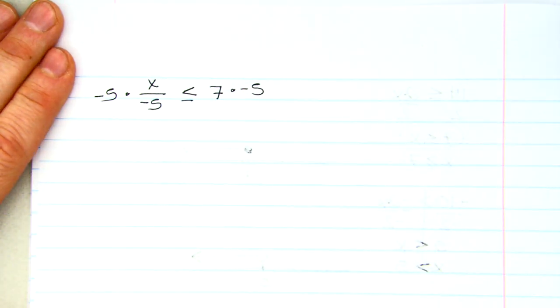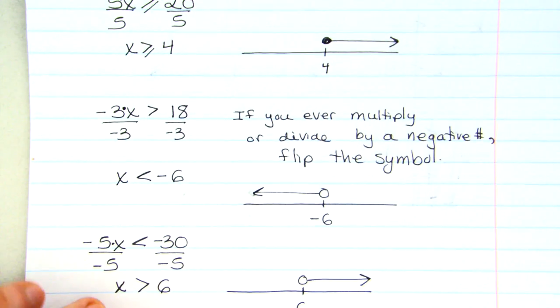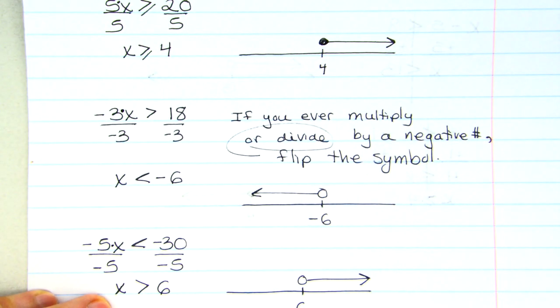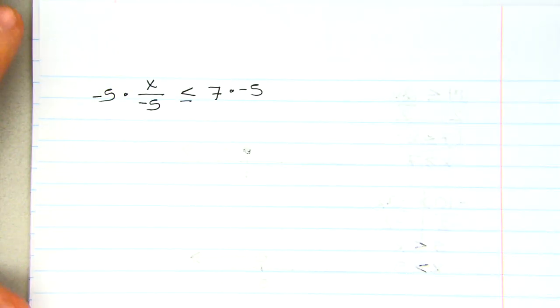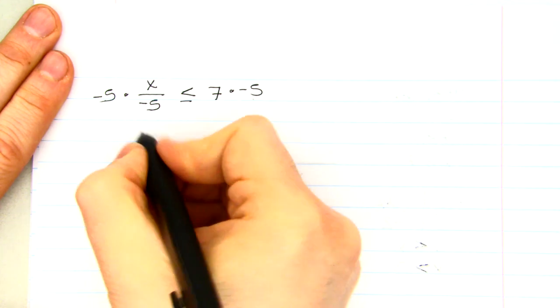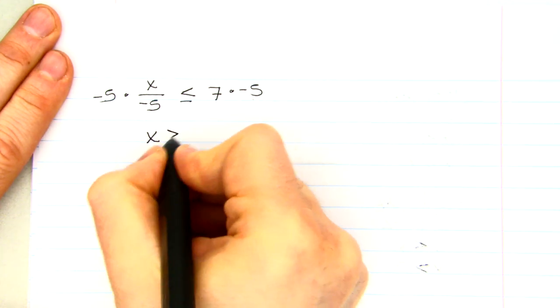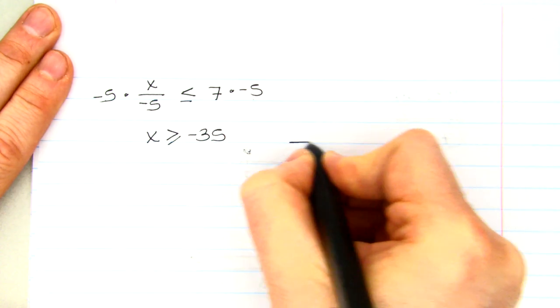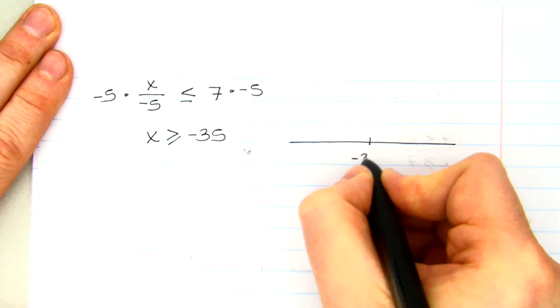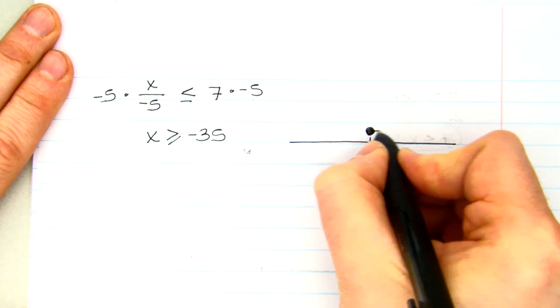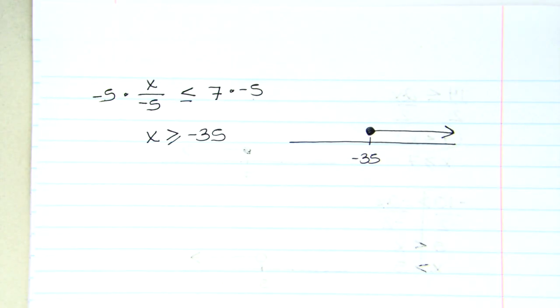However, if you ever multiply or divide by a negative number, flip the symbol. I'm multiplying by this negative number over here. That's going to make me flip my symbol, and I'm going to get x is greater than or equal to -35. Closed dot at -35, point to the right.